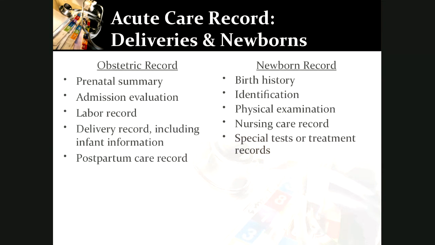Deliveries and newborns. As I said, these records can be a little bit confusing, so you have to really look at them closely. And when I first heard that, I was like, how in the world can you get a mama and a baby's record mixed up? There's definitely a difference there. But you'll be surprised at how much that happens. In the records, there's going to be a prenatal summary, okay? And there's going to be an admission evaluation.